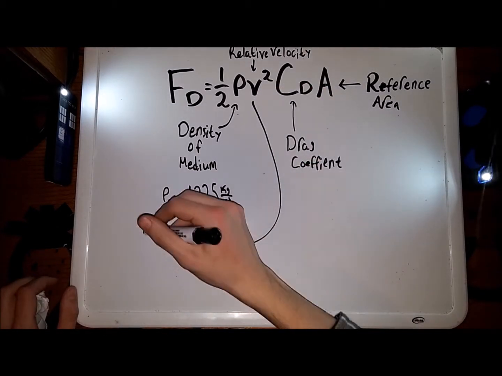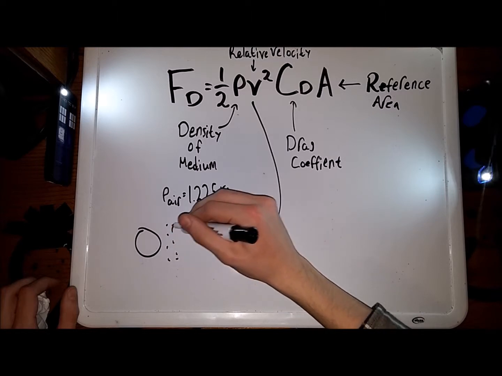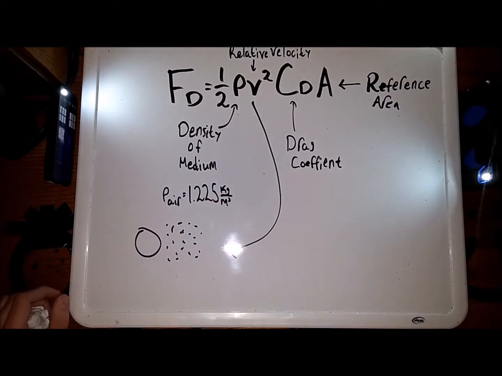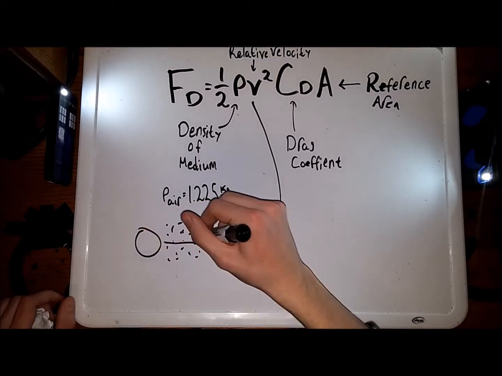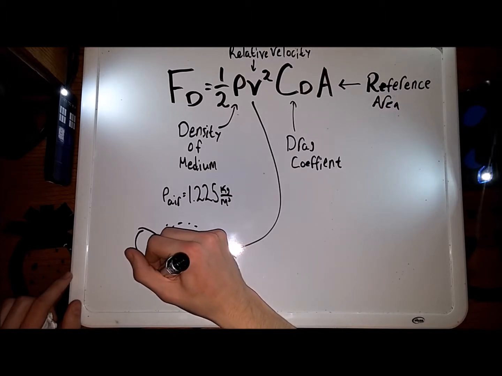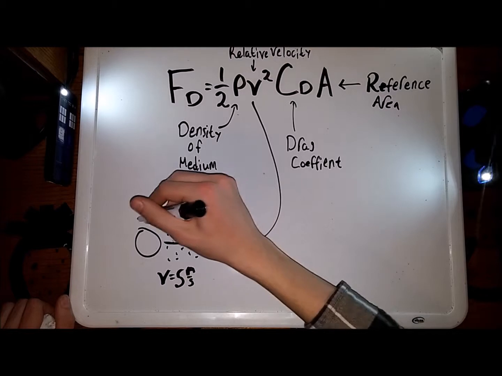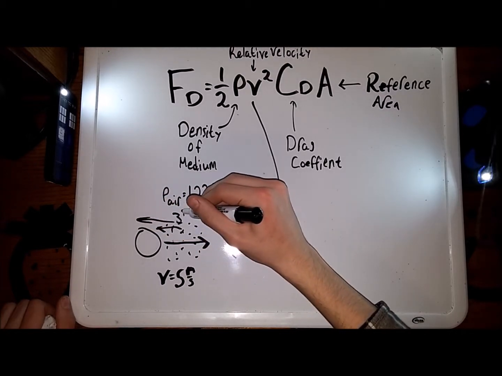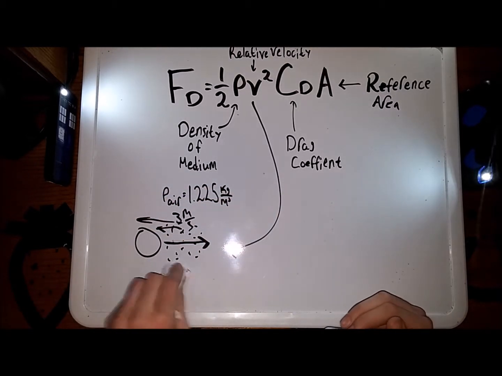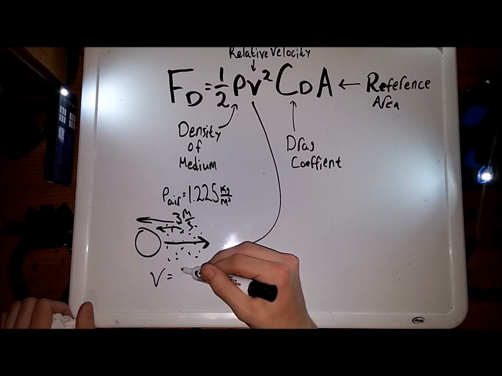V is equal to the velocity of the object relative to the medium. So if an object moves through static air at a velocity of 5 meters a second, then V equals 5 meters a second. However, if the air is blowing back against the object at 3 meters a second, then V equals 8.